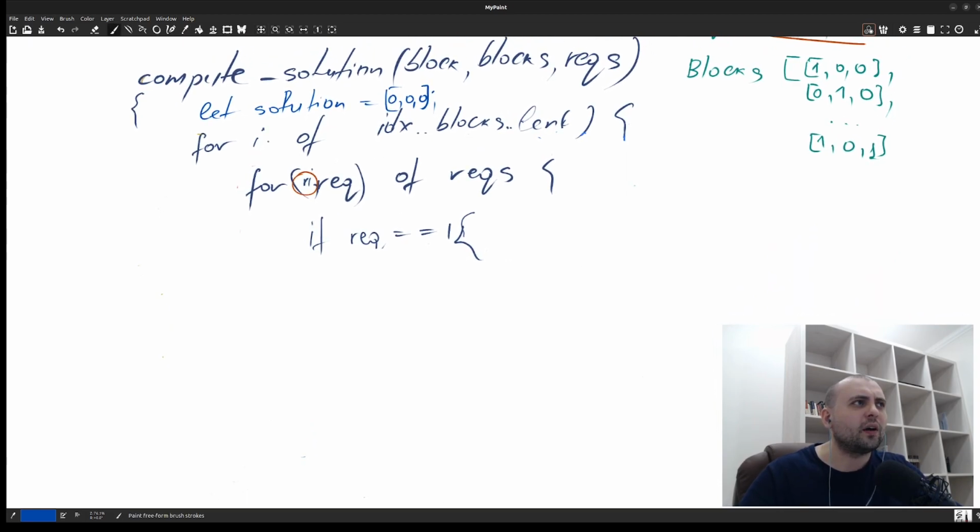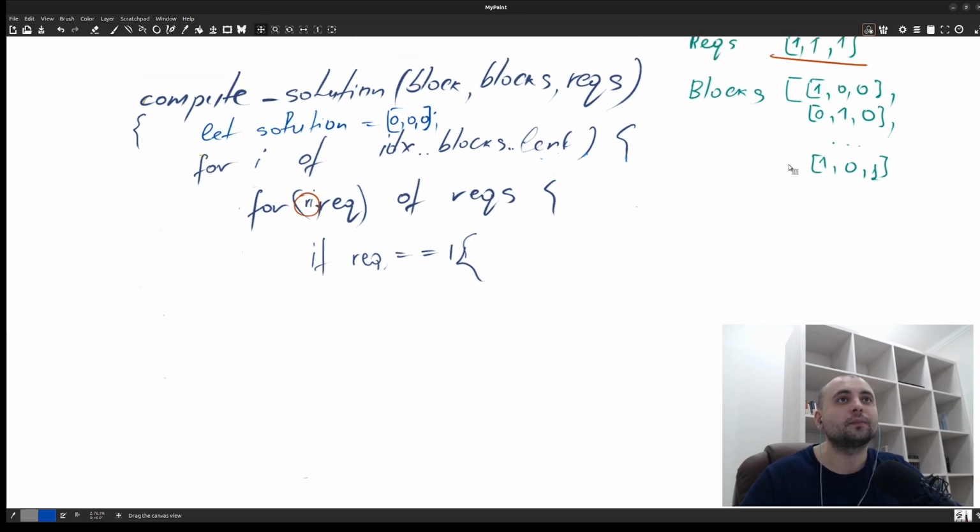So this will be the block of the index. So we iterate through all the blocks. I guess now we need to check our block. So we need to check the block as well with the requirement index of this block.